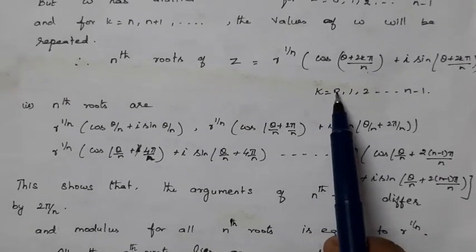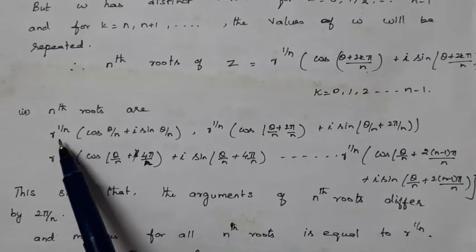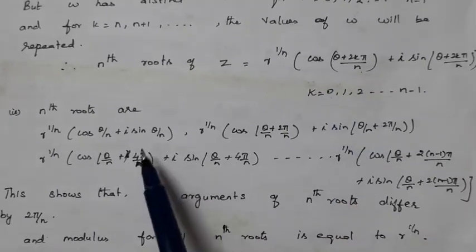If you substitute k as 0, it will become r power 1 by n into cos of theta by n plus i sin of theta by n.